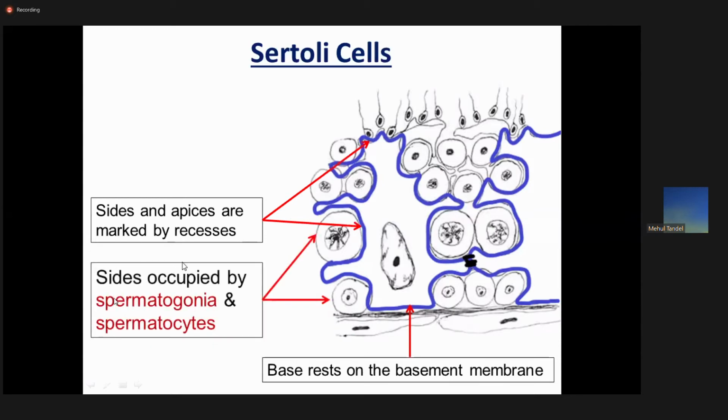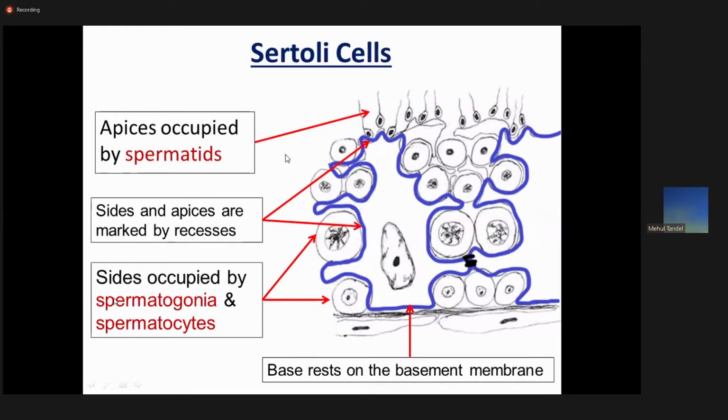The sides are occupied by the spermatogonia and spermatocytes, and the apices are occupied by the spermatids and spermatozoa.